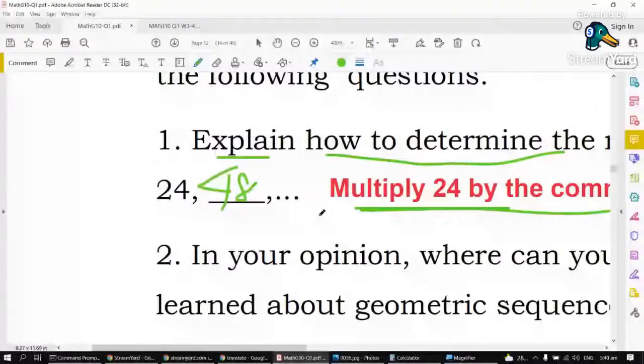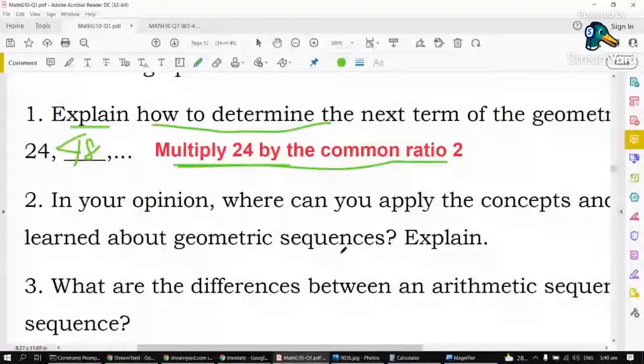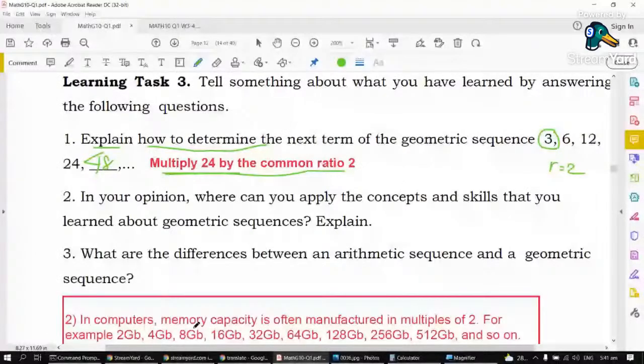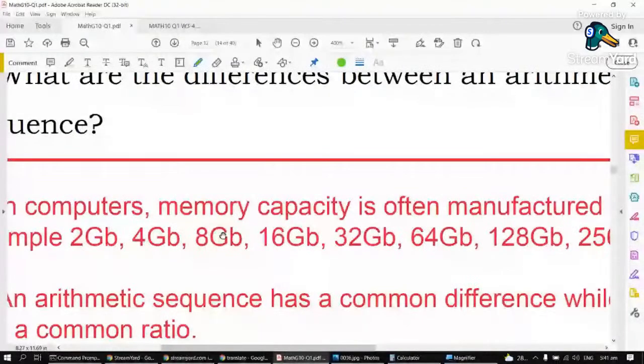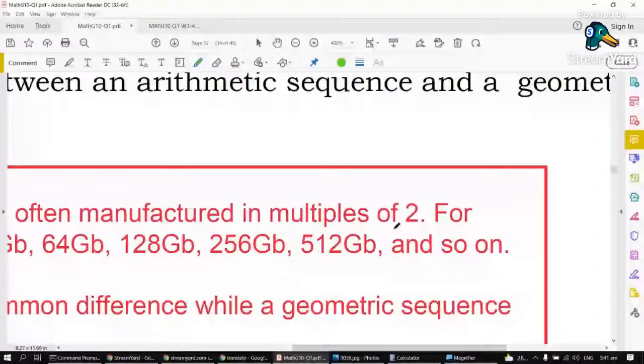Number 2, in your opinion, where can you apply the concepts and skills that you learn about geometric sequences? Explain. So, marami tayong answer dyan, but isa sa mga answer ko is in computers, sa mga computer, the memory capacity is often manufactured in multiples of 2. So, kung mapapansin nyo, ang mga USB drive ay in multiples of 2.